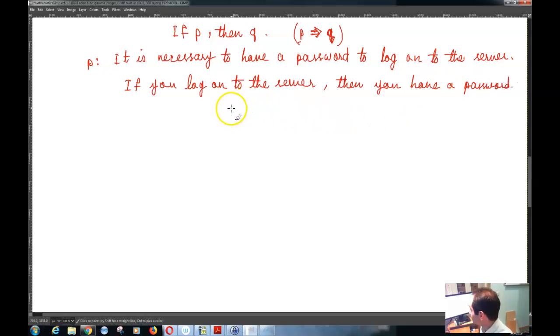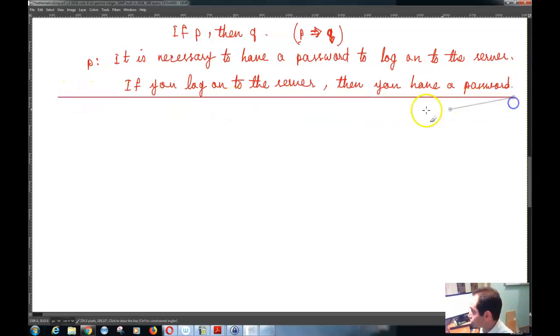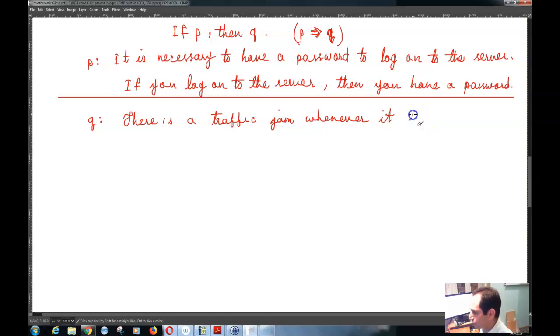Now, the second statement that we have is Q, which is there is a traffic jam whenever it rains.